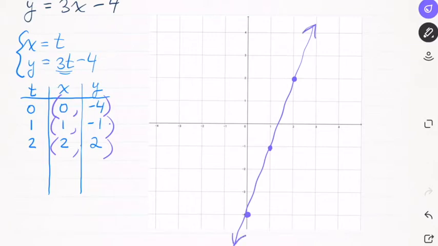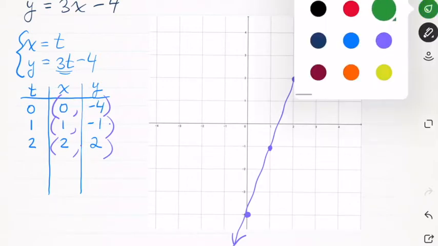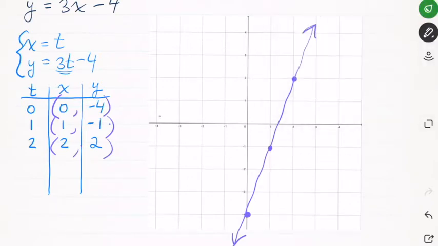And if you look at it, it has a y-intercept of 0, negative 4, and it has a slope of positive 3, up 3 over 1. One of the other things that's true about this line, though, because it's a parameter, we can label each point. This is when t is equal to 0, this is when t is equal to 1, and this is when t is equal to 2.